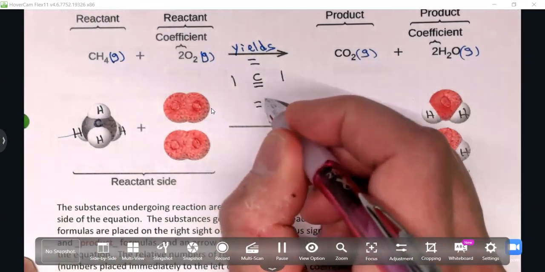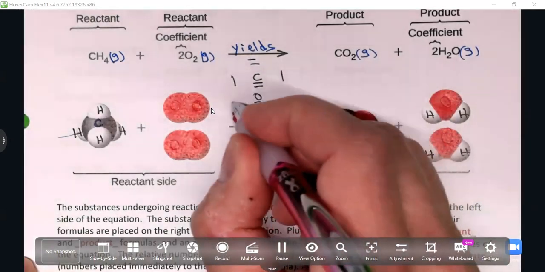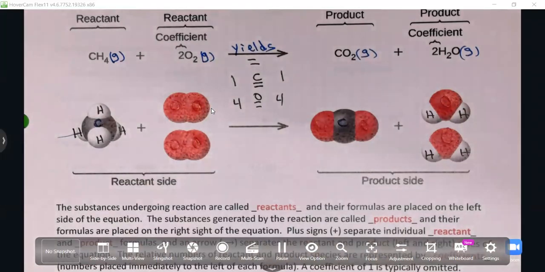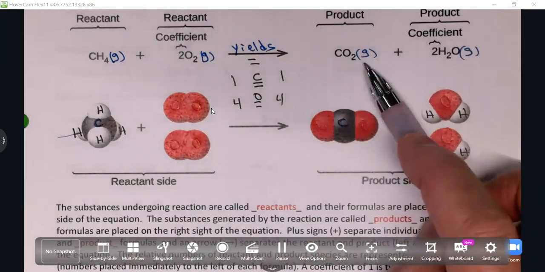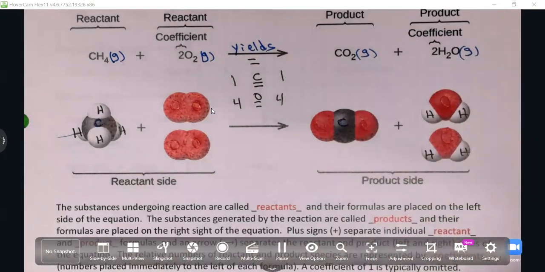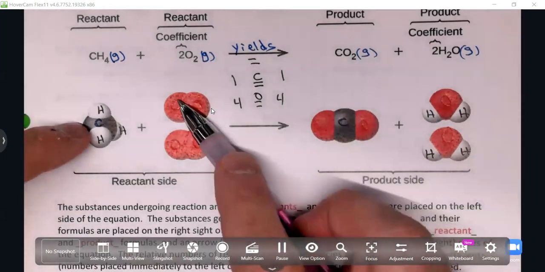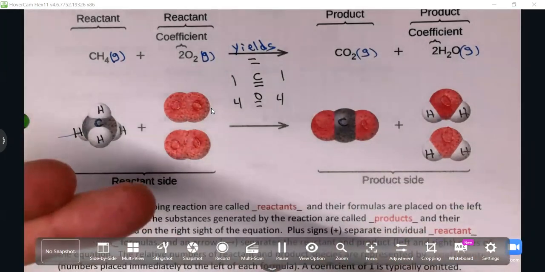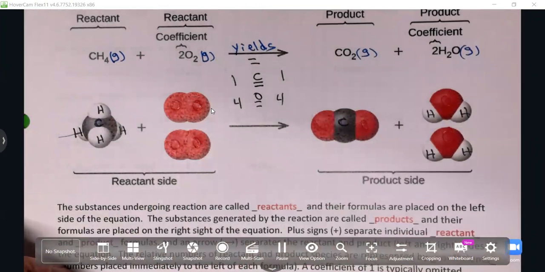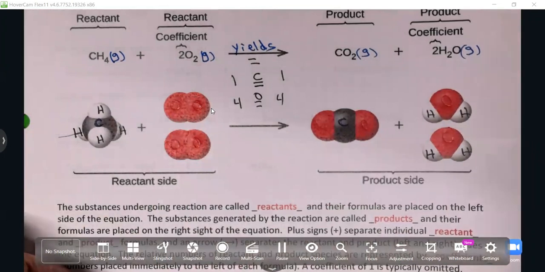And then you can do an equal sign with oxygen. You've got 4 and you've got 4. So it's pretty easy in all. They'll have gas, liquid, aq for aqueous and so on. And this is exactly what it looks like. They do phosphorus, chlorine, they do different compounds, so it looks like this. So that's the first 2 sections of chapter 3.